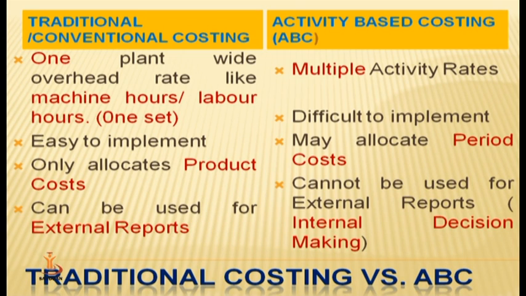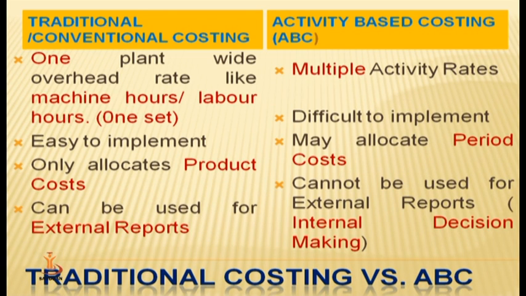The traditional costing method is mostly useful for external financial reporting, or it is useful to the external reports. Whereas activity based costing is not useful for external reports, but it is for internal financial decision making.